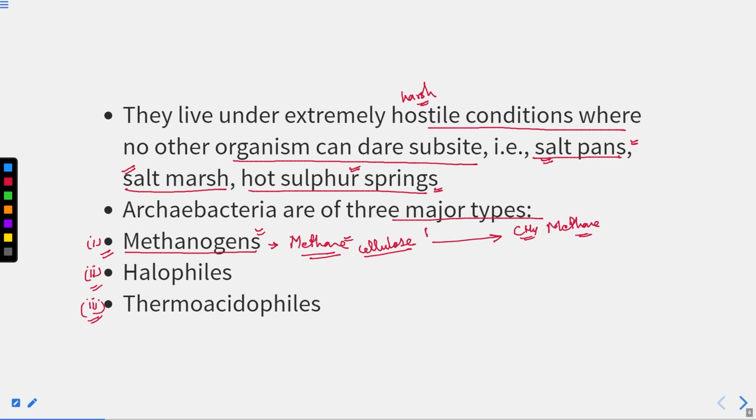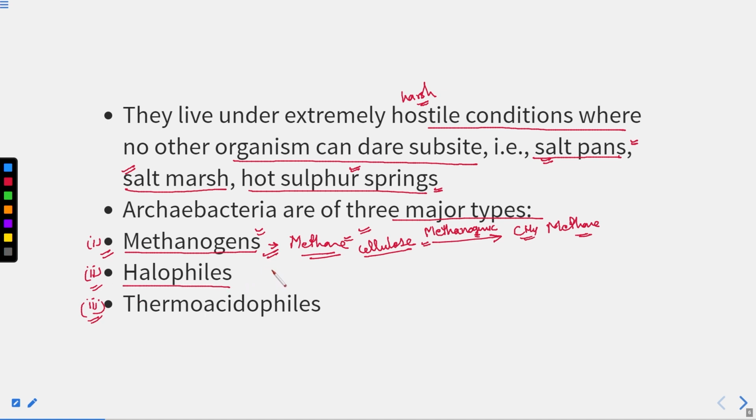That is why they are called methanogenic bacteria or methanogens. Not only there, they are also present in the salt marshes, where a lot of organic substances are there. They consume those organic substances and give rise to lots of methane. So in this marshy land, you can say the methanogen bacteria are present.